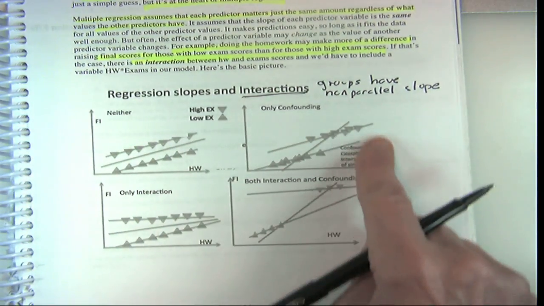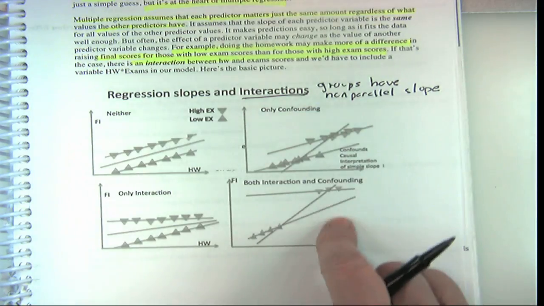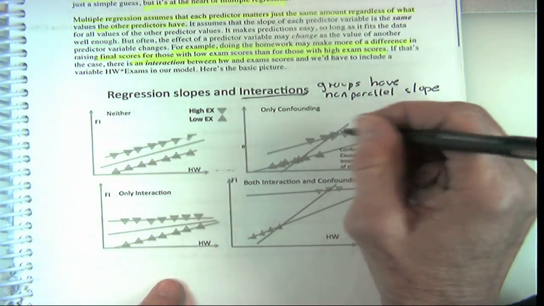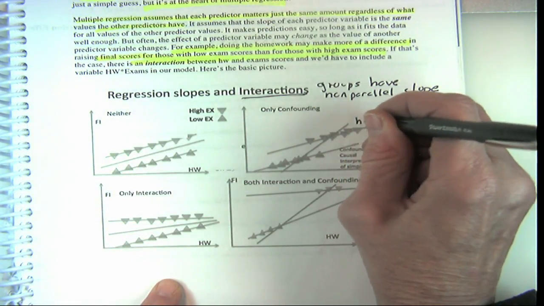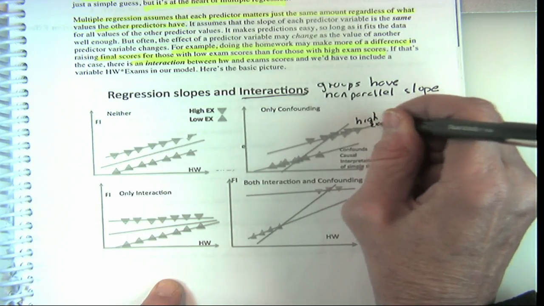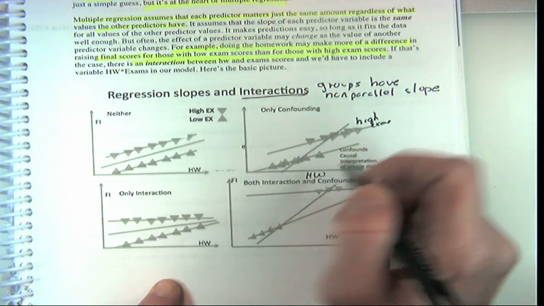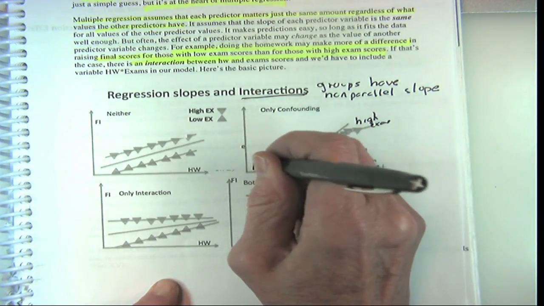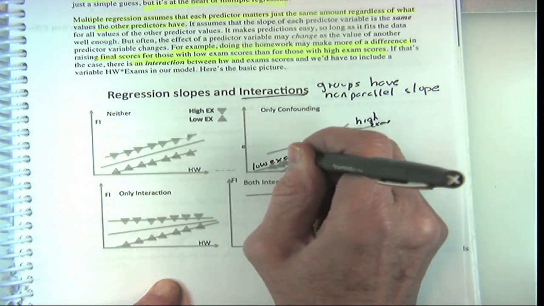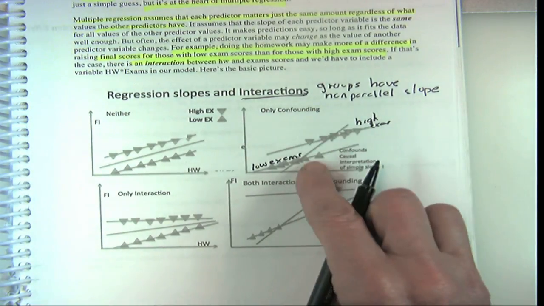Same here. But these two are correlated. The high exam group, these are the high exams. People with high exams also had higher homeworks. This is the homework axis. And this is the low exams. Okay, these are the two groups.